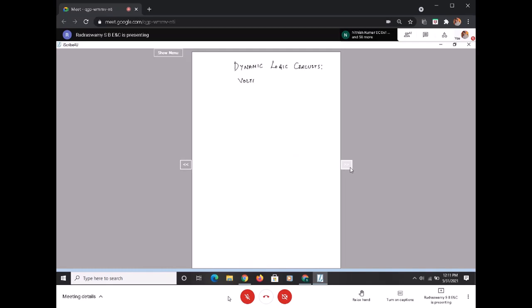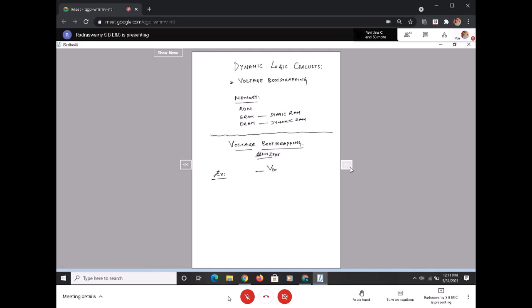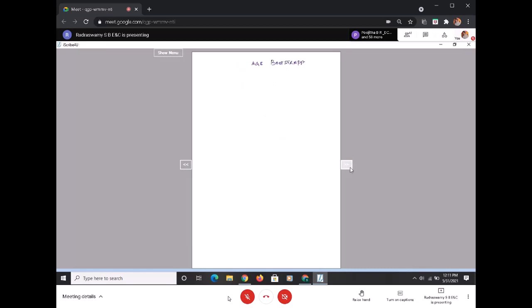Voltage bootstrapping circuit. I'll go with the previous circuit. This is VDD, this is my M2, this is my M1, this is my Vout, and this is the capacitance.